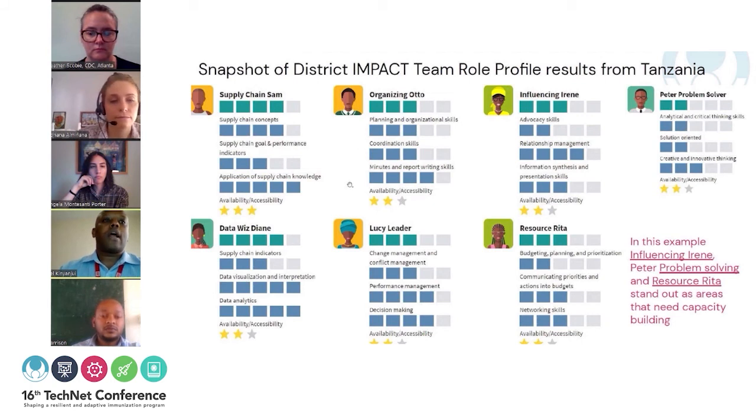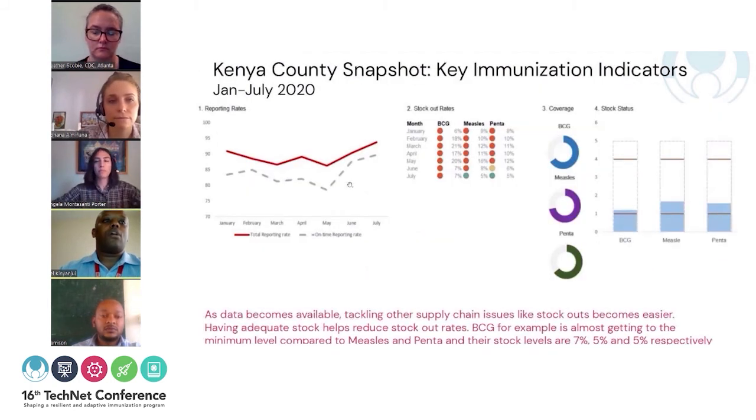So having the right team on the ground and having the right people at the table helps us to discuss the different data. So we're using a combination of indicators. Impact teams are able to monitor immunization supply chain and identify areas of focus and how to improve performance.